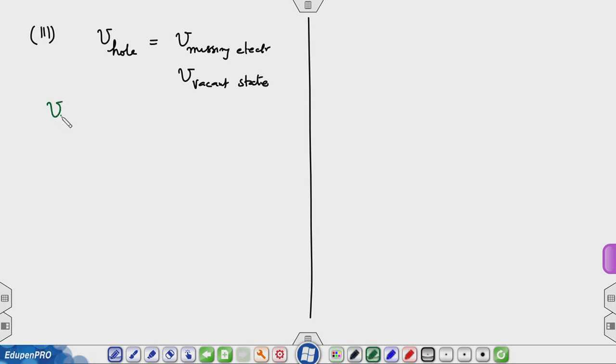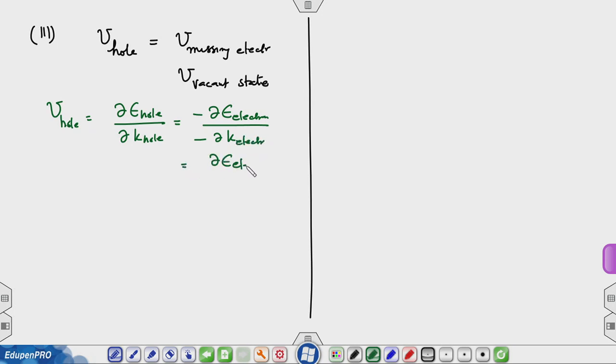V of hole is equal to d E hole divided by d k hole, which is minus d E of the electron from the missing state, over minus d k of the electron from the missing state, which is d E electron divided by d k electron, which is V electron.